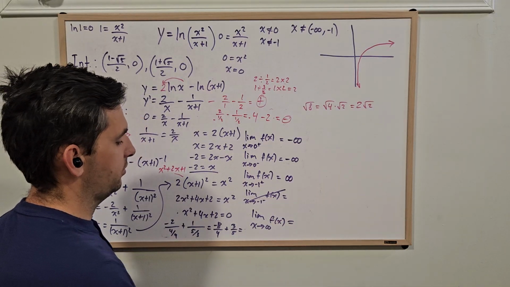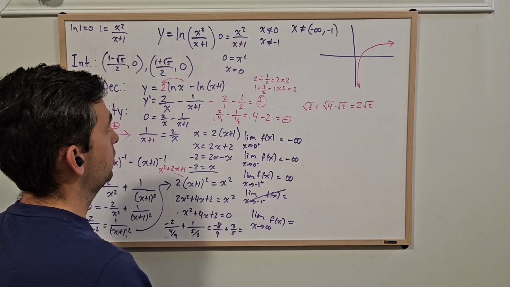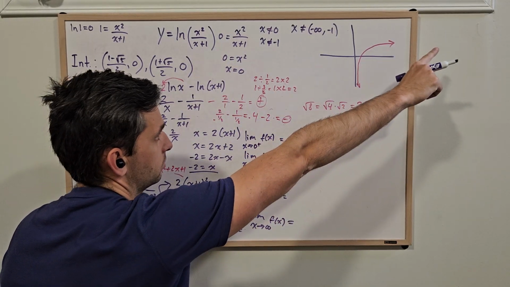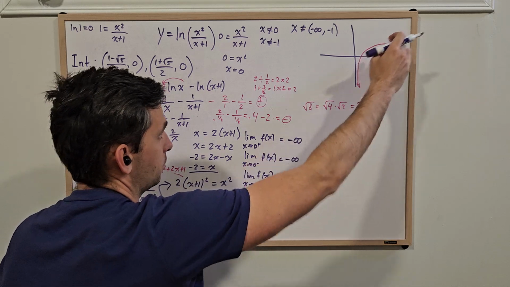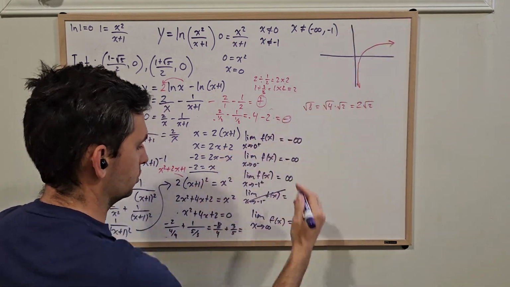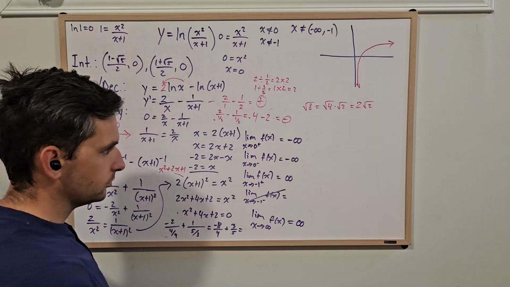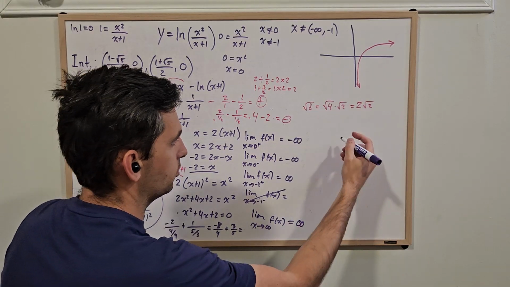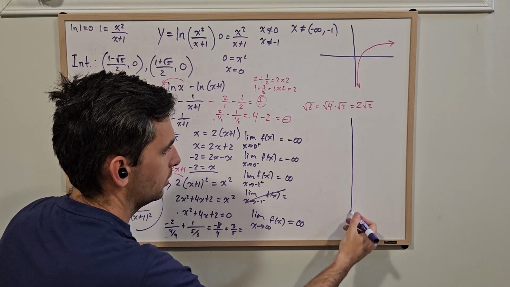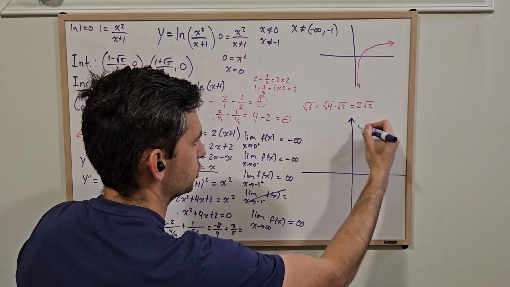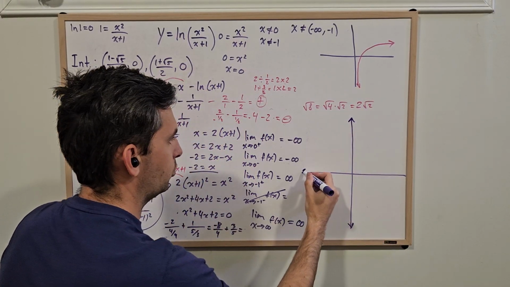And here the limit as x approaches infinity, well, if I take the natural log of infinity, I'm going to be going towards positive infinity. Just looking at this graph as well, right? Okay, so now I'm going to attempt to draw it in this small little space I have here, but that's okay, that should be enough. Hope you guys can see it.